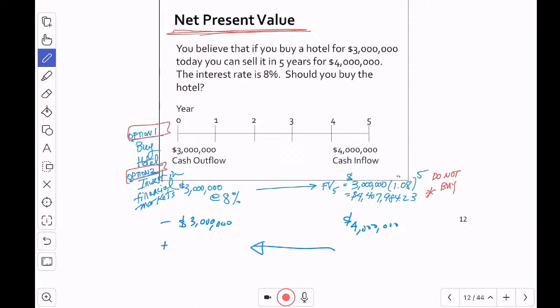So what we're going to get out of that is a 277.